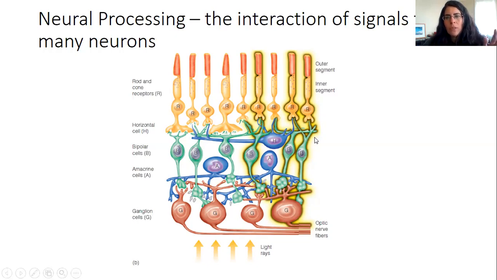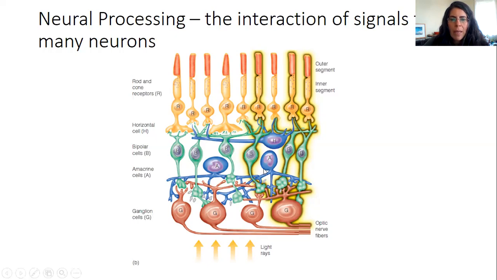So horizontal cells communicate laterally across the retina, and they are going to moderate the messages that are sent to bipolar cells by the receptor cells. And we'll get to that in a minute. That's pretty much the basis of lateral inhibition.